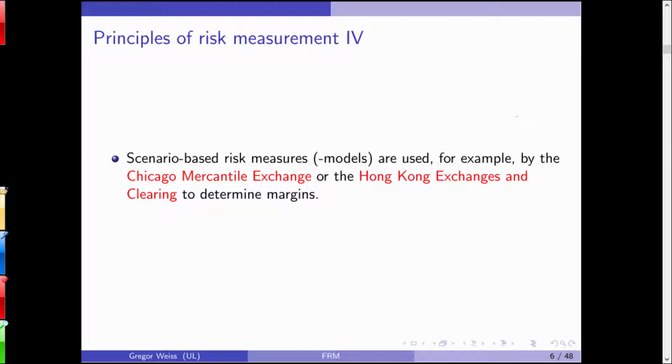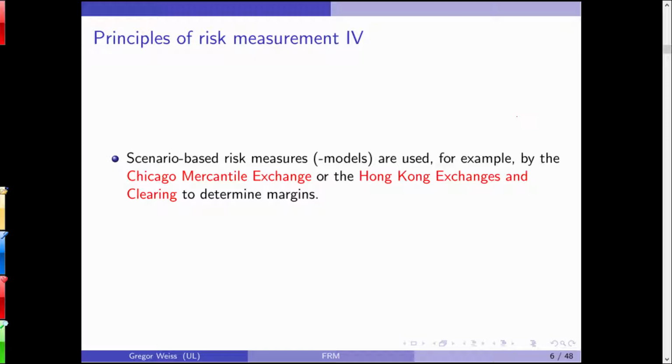And if he or she is not able to pay up, the exchange will simply tell the investor to close the position or to pay an extra margin into the margin account of this trader. So these are margins.